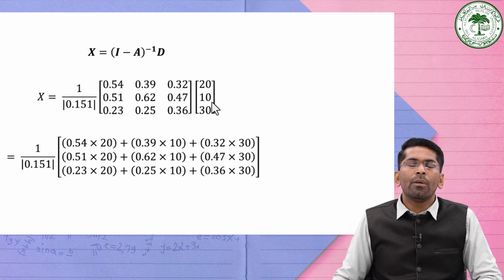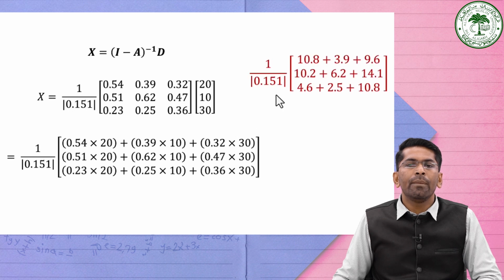The final row is again multiplied with the final demand vector to get the third row. Multiplying and adding, we get 1 by 0.151 into 10.8 plus 3.9 plus 9.6, 10.2 plus 6.2 plus 14.1, 4.6 plus 2.5 plus 10.8.